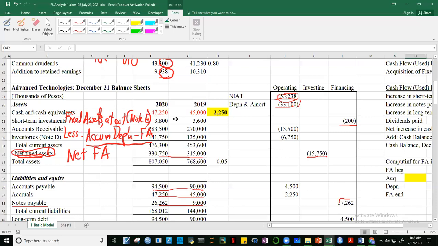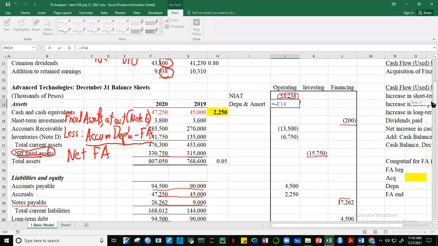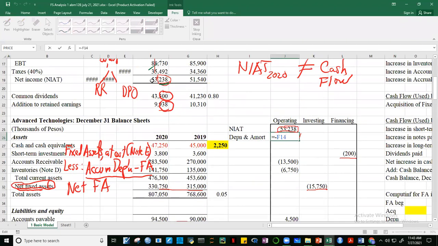Hans, why should it be added? You're correct. Hans says it was already subtracted to arrive at the net income after tax, so we have to adjust it by adding it back. Add back. We're done, guys.